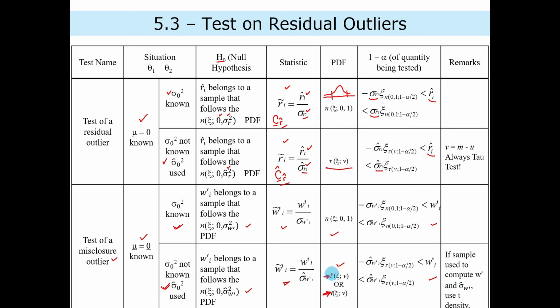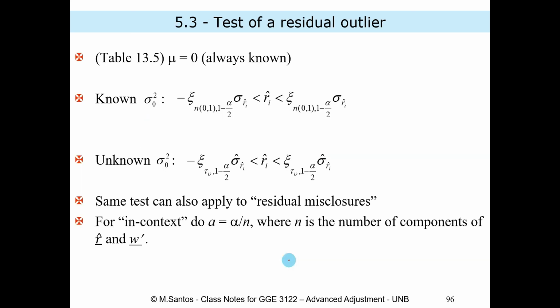It is if w prime and sigma hat prime are used from a different sample, okay, different sample, not the one that is tested, we use t. If we are using the quantity that is from the sample, we use tau. So here is just a summary of what we have mentioned.